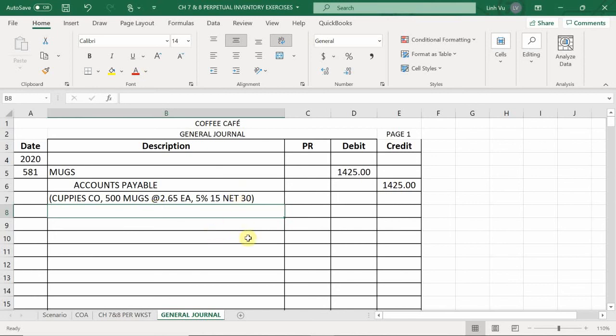In this case, I'm not going to test you on doing the net method, but net is basically another way of saying that at the end of the day, you still have to pay at the end of 30 days. So we journalize like we don't take the discount. We're just using the regular gross method. Yes.